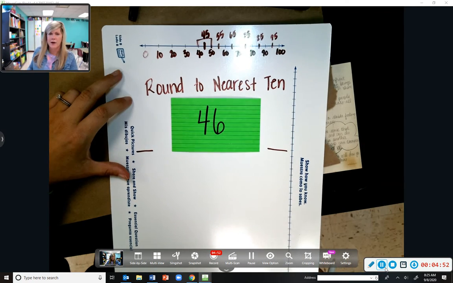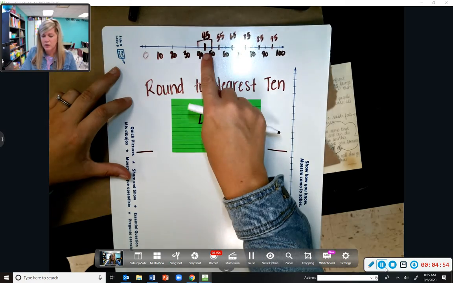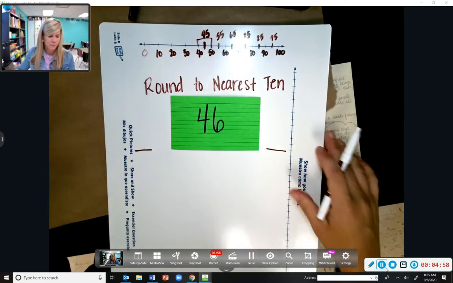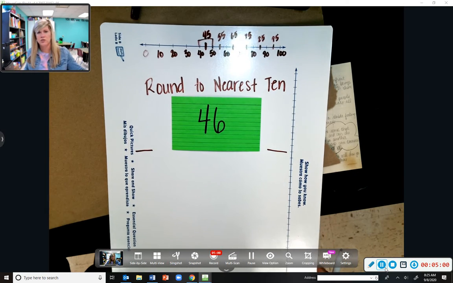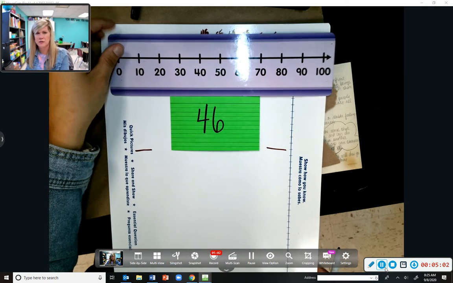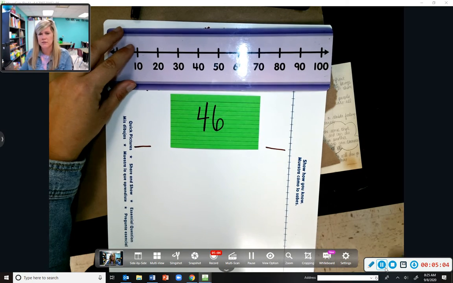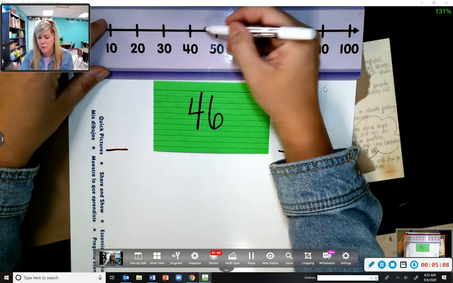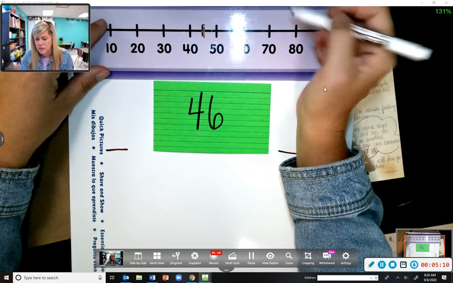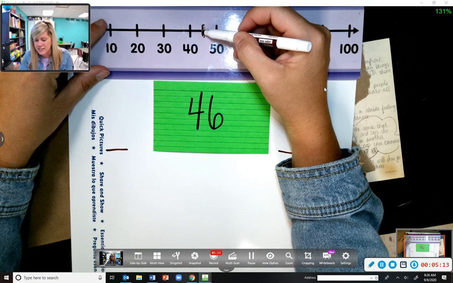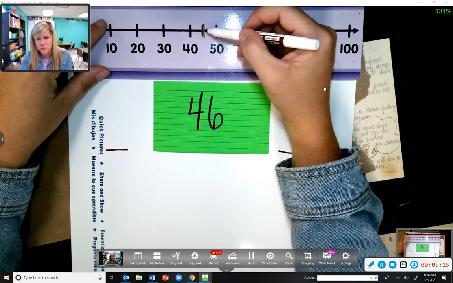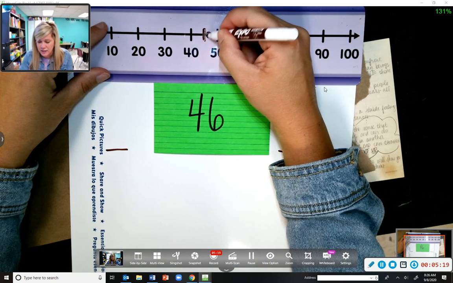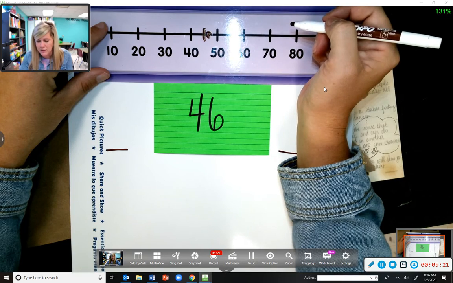So that's going to help us figure out, does it need to go to the right of the middle or to the left of the middle? And I'm going to go ahead and switch to this number line since it's a little bit easier to see the bigger numbers. Okay, so we said 45 is right in the middle. So would 46 be to the left or to the right? 46 would be to the right, so we would put our dot right there.